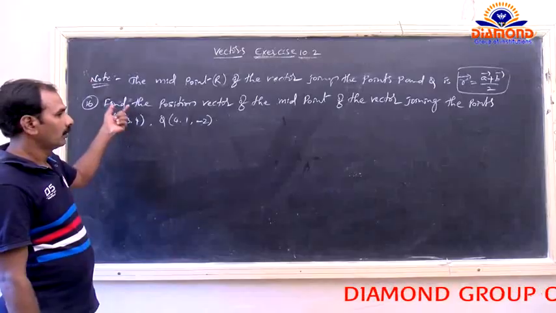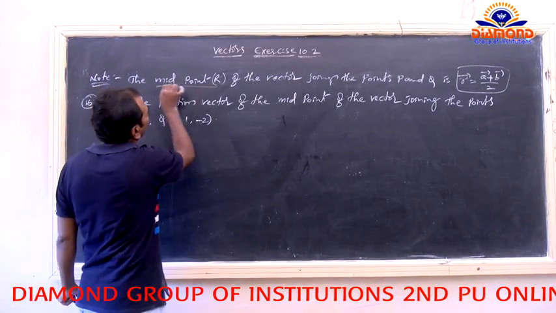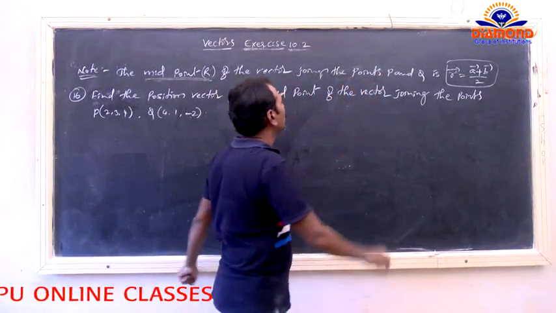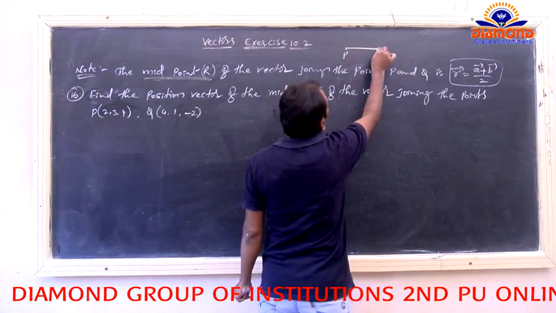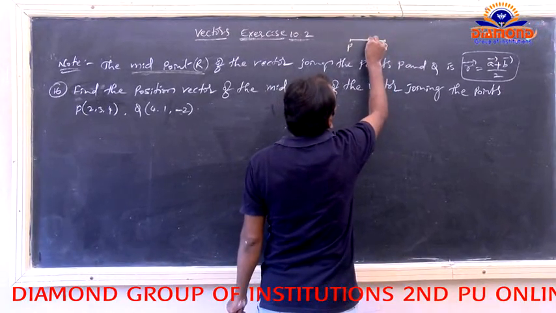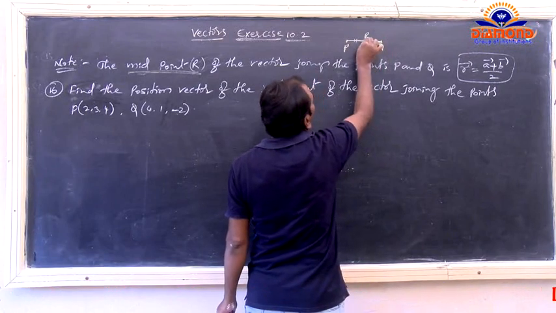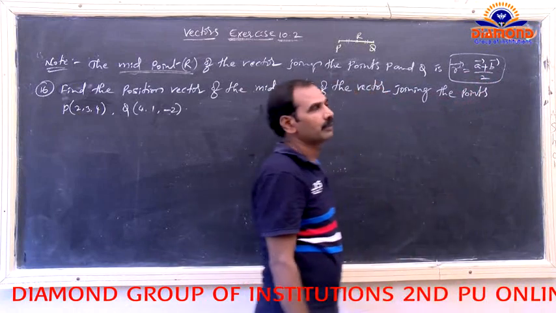Okay. So note the midpoint R of the vector joining the points P and Q. It means like this. It is P, it is Q. So R is midpoint. So midpoint is R bar equal to A bar plus B bar divided by 2.